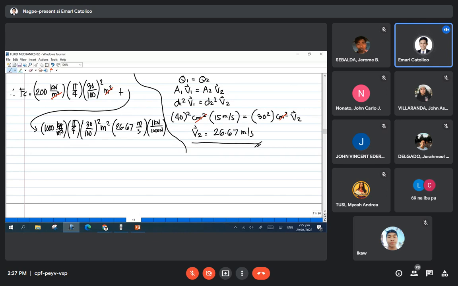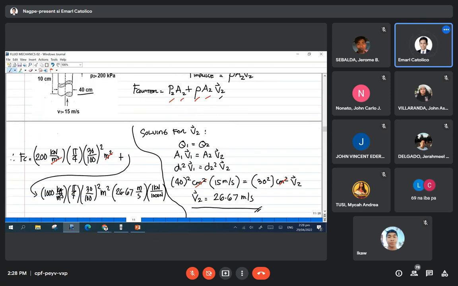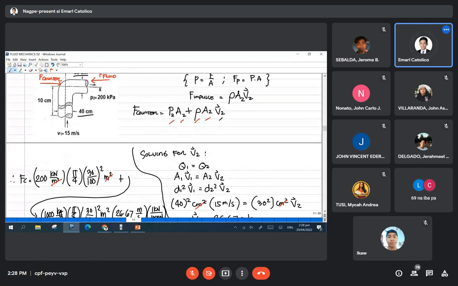Cancellation of units, kilogram meters per second squared. Ay, teka. Ano ba? Dapat naka-squared yung ating velocity. Yan. Okay.